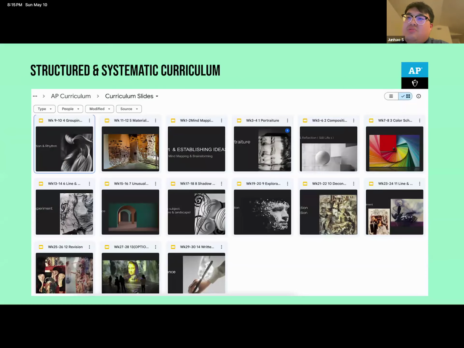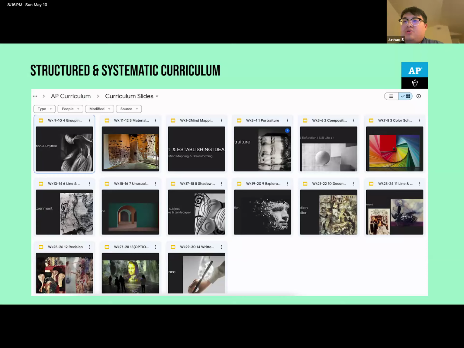So here we're going to talk about the curriculum. We developed a 36-week curriculum, and each week we give out weekly assignments, and students are expected to have 4 hours of homework per week. We also push students to create at least one piece of artwork every 2 weeks.